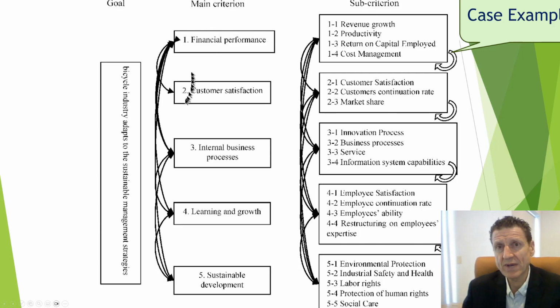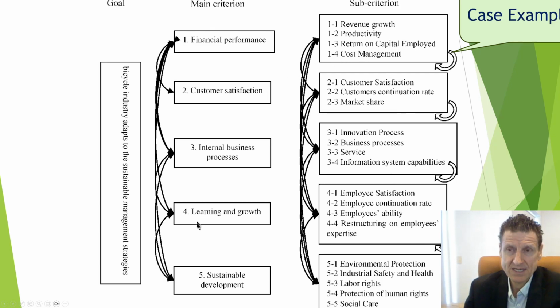Now the example here is a bicycle industry that adapts to the sustainable management strategies. And once we have this general story in place, these objectives, we can start to think about how can we measure elements of each of these objectives, because it's these elements that we will see in operation.